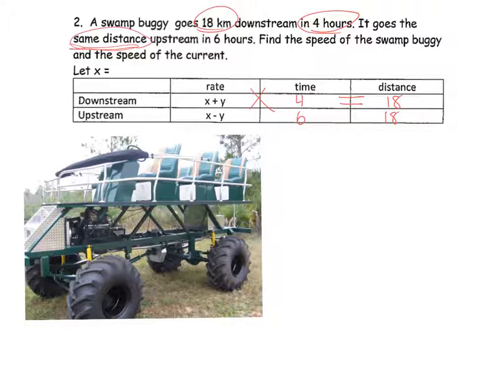So you're multiplying this box times this box equals 18. That's your system. That's your equation. So here we go. X plus y times 4 equals 18. X minus y times 6 equals 18. And you need to distribute that.